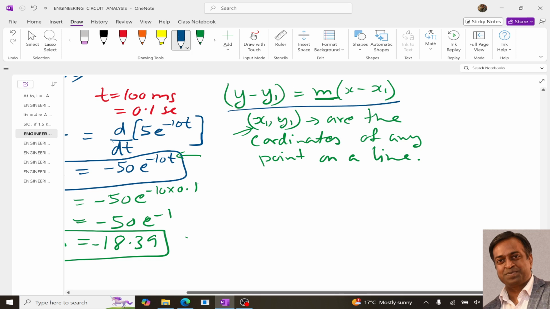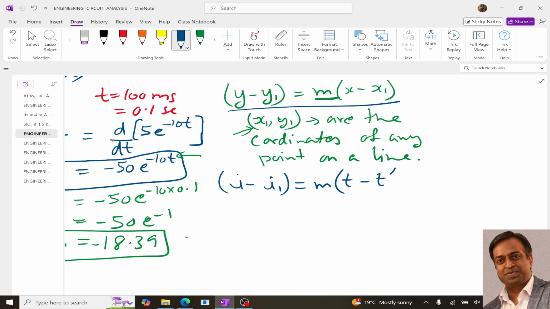So using this equation, instead of y we have this I, right? So I minus I1 equals m, and instead of x we have t minus t1.